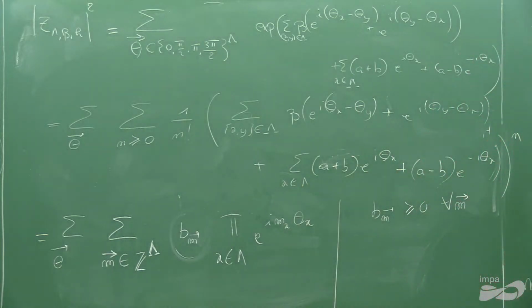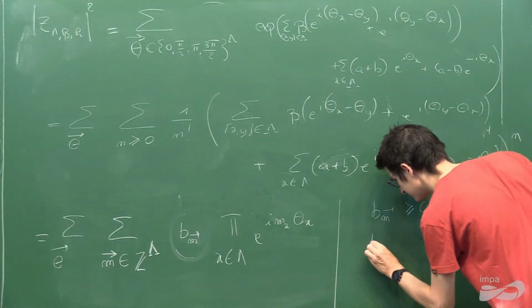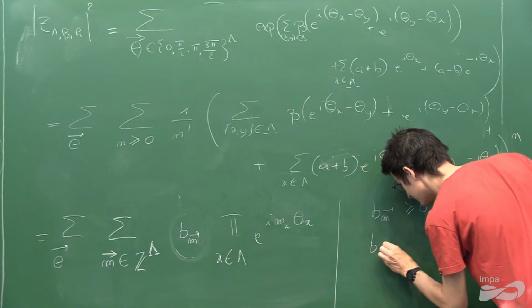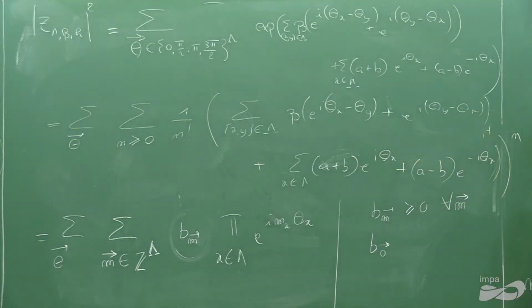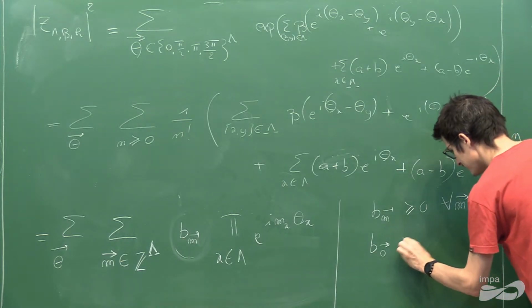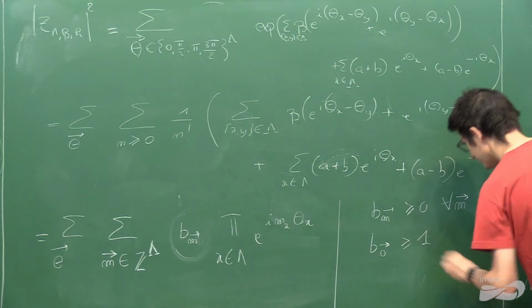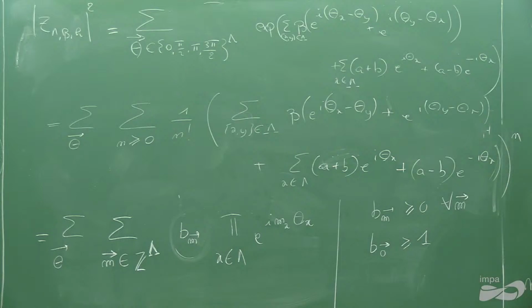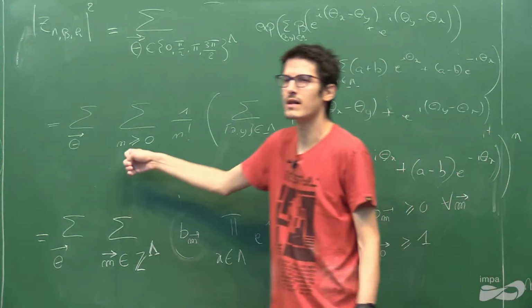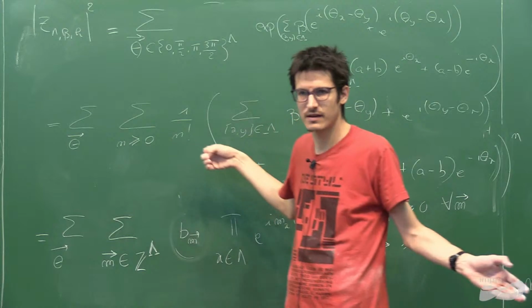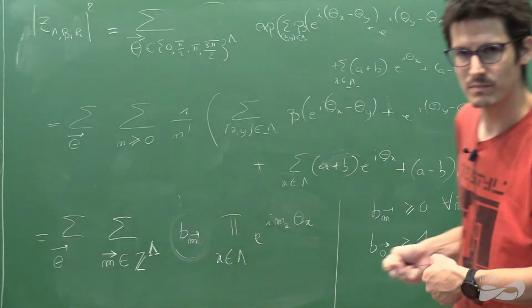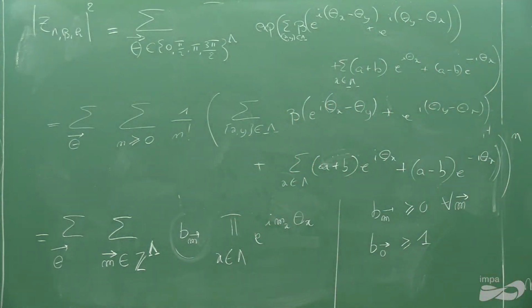The other thing is that b_0 is larger than 1. Simply, you take n equal 1, and this gives you some contribution to b_0, and there are some others that come from just canceling factors in the product.